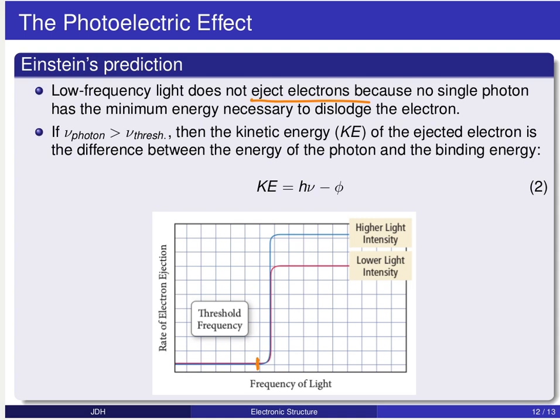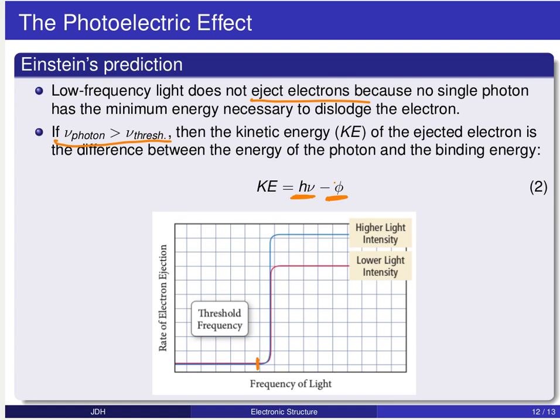But if you have photons with a frequency higher than that threshold frequency, then you are certainly going to be able to kick out electrons, and the energy of those kicked out electrons is related to the energy of that incoming photon, h nu, minus how much energy went into actually removing that electron from the metal. So our work function here is basically how tightly those electrons are bound to the metal.